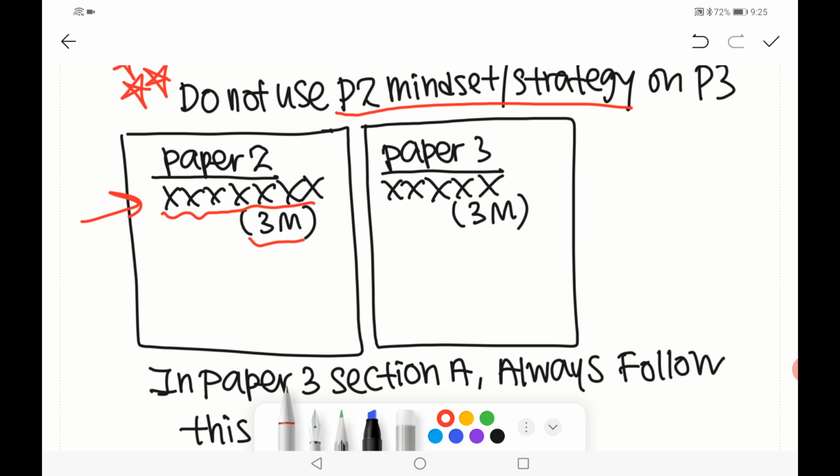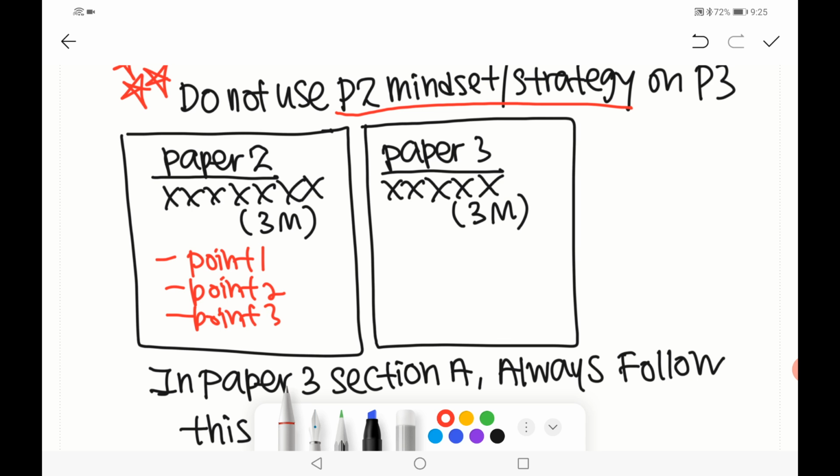In paper 2, whenever you see a question give you 3 marks, what comes across your mind? I believe you know that. Normally, if you have 3 marks, you have to write 3 points: point number 1, point number 2, and point number 3. That's normally how we do paper 2.